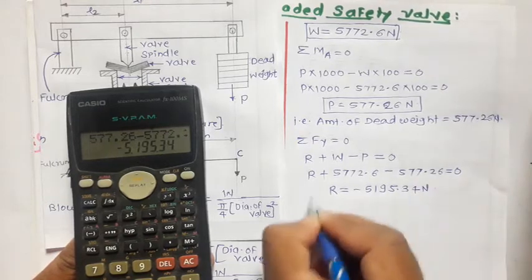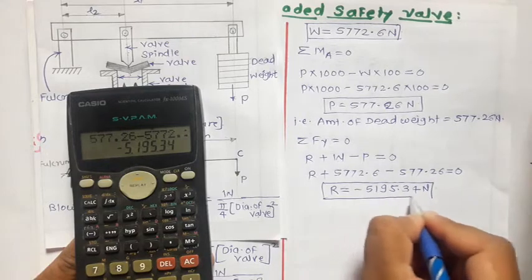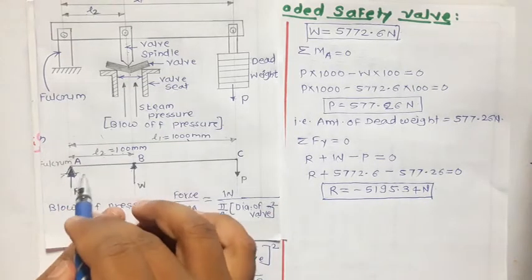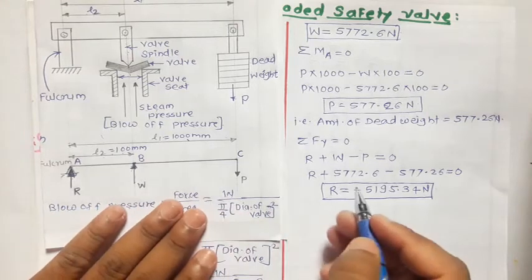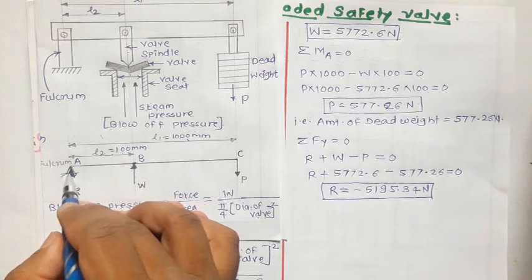5195.34 Newton. As I already told you, after calculating R, depending on the value of R, we have to decide whether to keep the assumed direction of R the same or change it. As the answer is negative, that indicates that the direction of R needs to be changed.